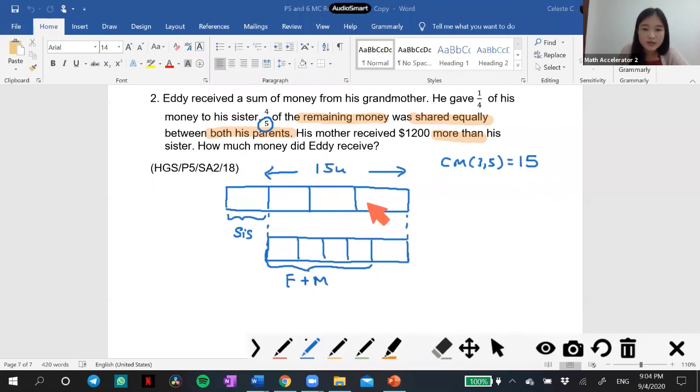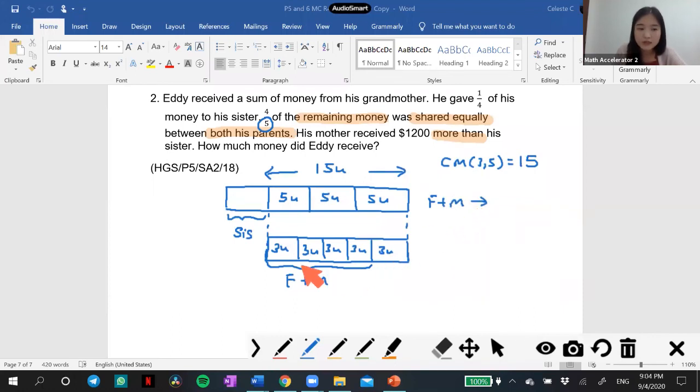So how many units is in each part here to get 15? Good, 5. 5 times 3. How about the second layer? If I want 15. Good, 3. Okay, so now we know the father and mother.